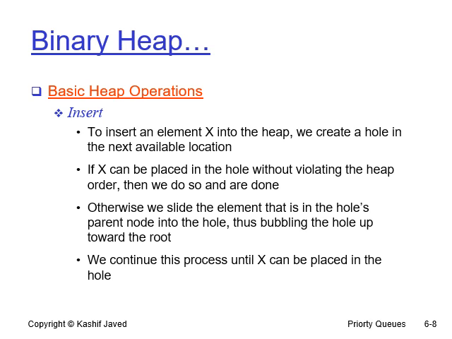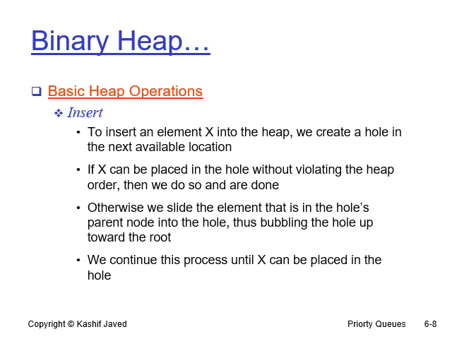Let me go through these steps once again. You want to insert a new element into the heap. First of all, create a hole in the next available location. Once that hole has been created, we can try to insert our X in the hole.